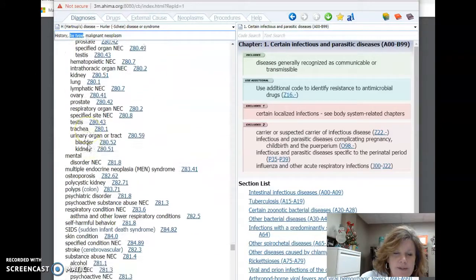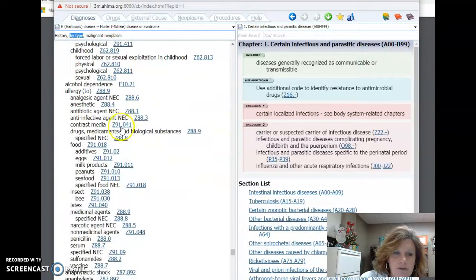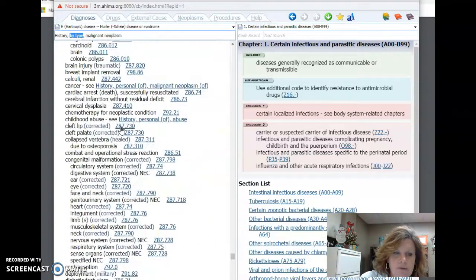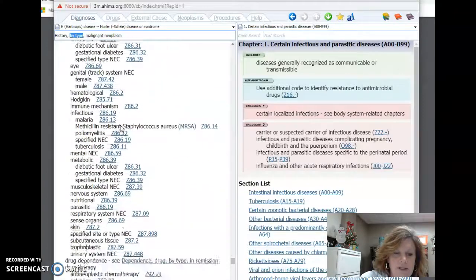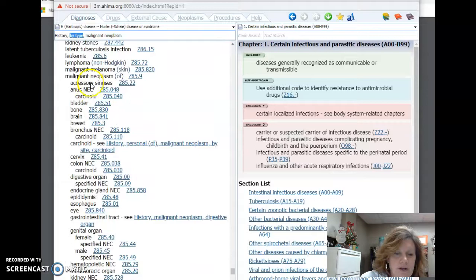So make sure you always get in the right area. Here's personal, and then you're going to go down to malignant neoplasm. You have to do some scrolling. If I had a personal history of malignant neoplasm of the bone, let's just say that they cured it, it went away, then I would code the personal history of the neoplasm.